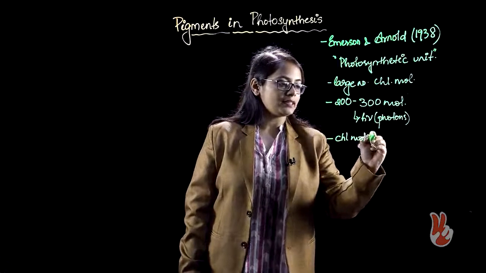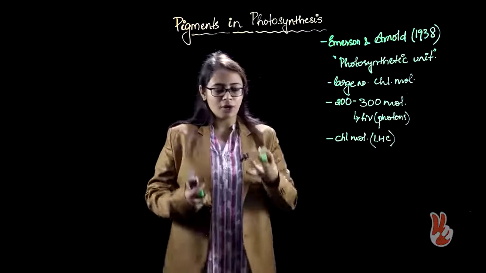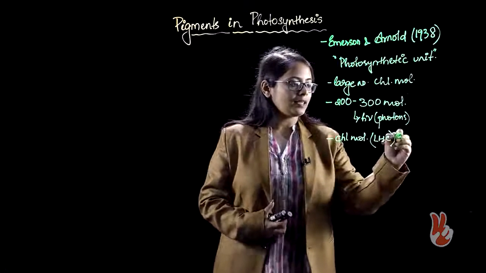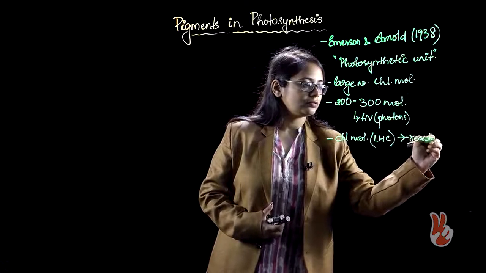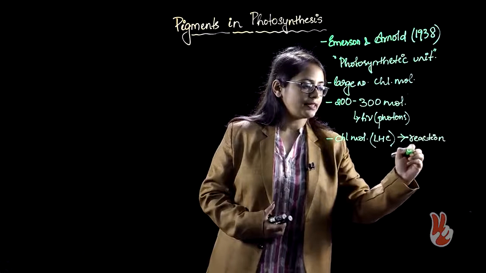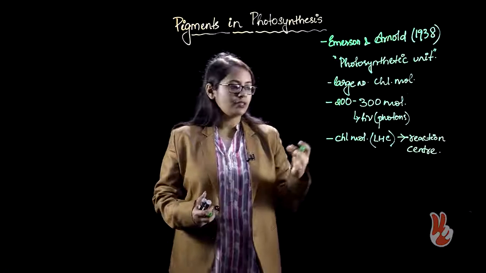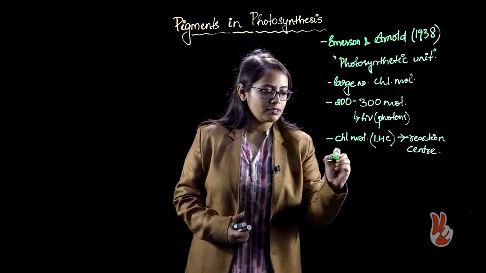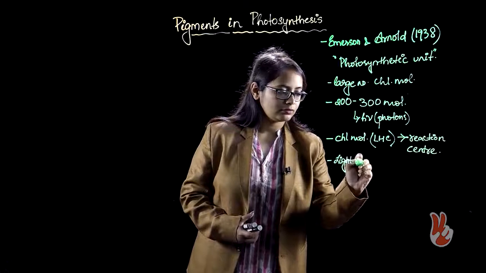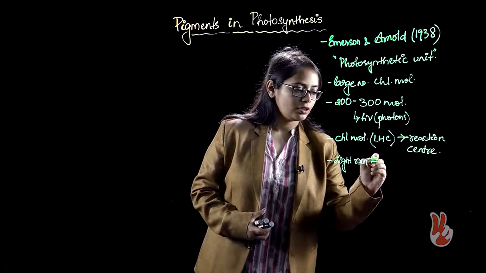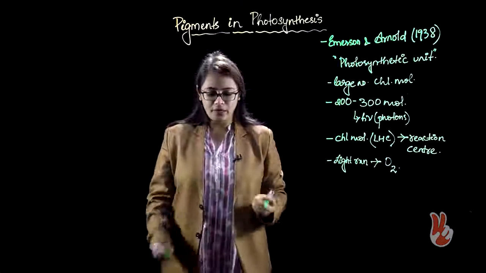We also term it the light harvesting complex. These molecules absorb the energy and pass it on to the reaction center of the light reaction, which then carries out the light reaction to evolve oxygen as its end product.